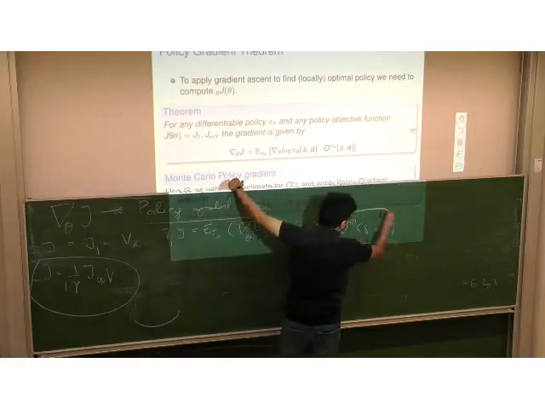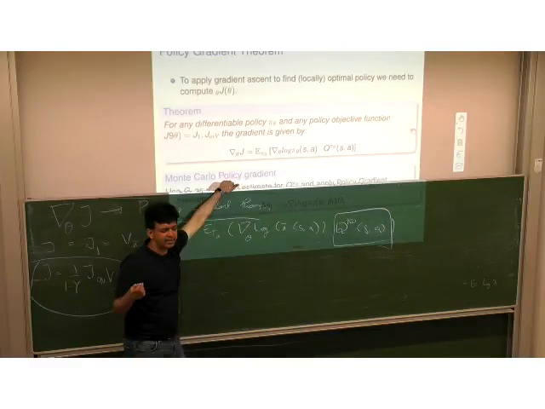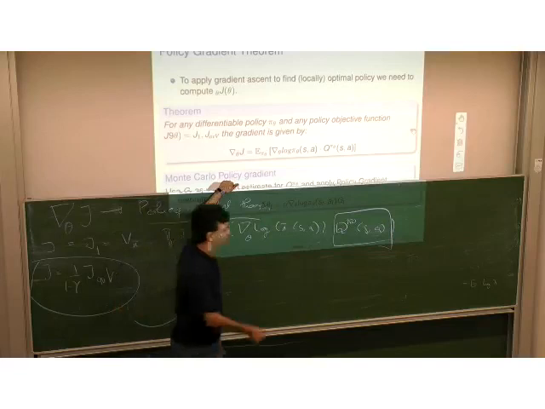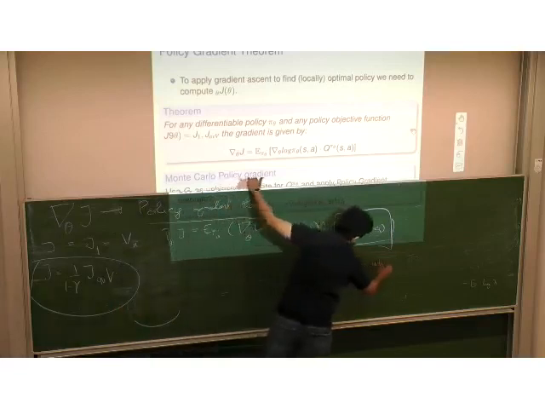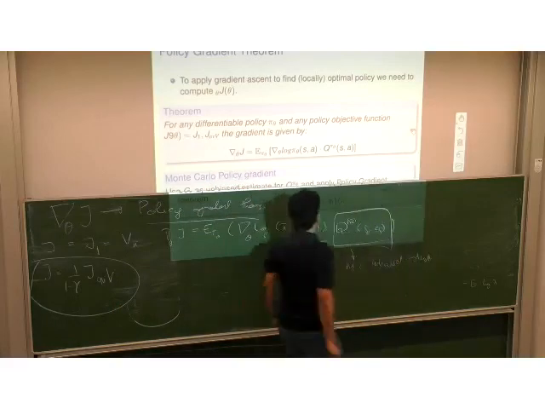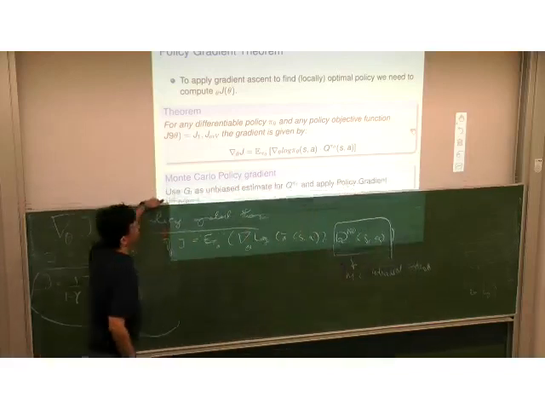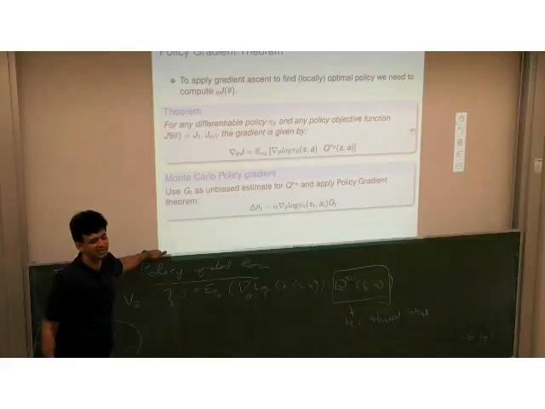We learned this in all our previous lectures. If you want an unbiased estimate of this, what should you do? Monte Carlo. Just replace this by its Monte Carlo estimate. That will be unbiased, and it says you can learn the direction in which you have to move towards your local minimum.